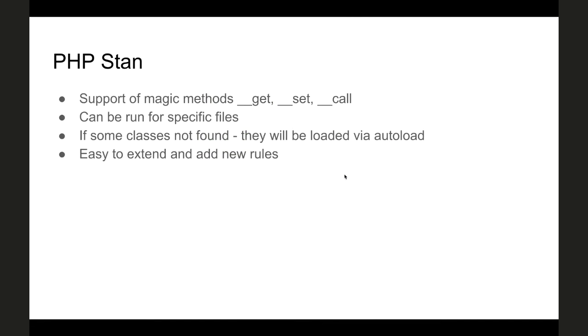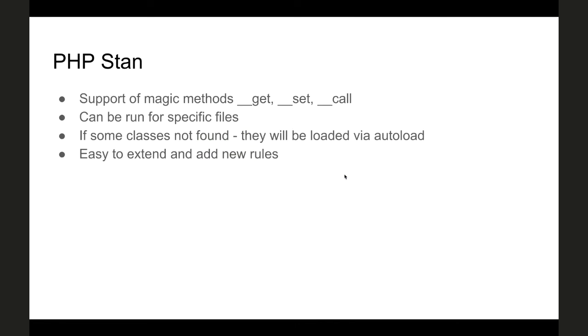And it does not interact with your code directly. It only reads your code like just a text. But PHPStan can interact with your code when it's run for just a few files. It can find, I don't know, some references to other classes which it doesn't know.